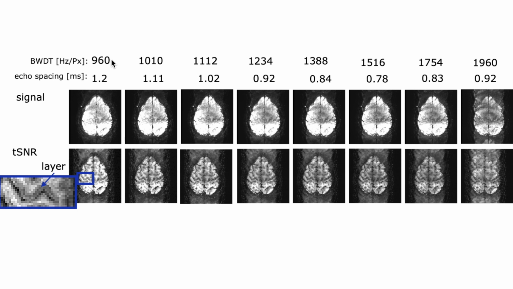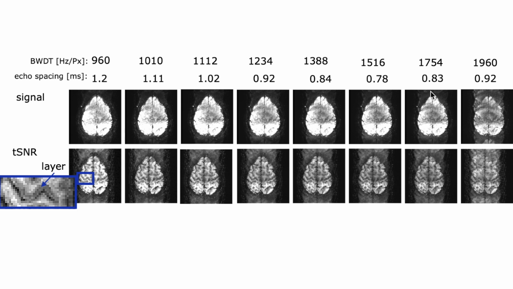Here I start with a low bandwidth and I just increase it further and further. And you can see that the echo spacing is affected by that, obviously, in a nonlinear fashion. For example, here for 1500 hertz per pixel, the echo spacing is the shortest. If we increase the bandwidth even further, then we have, again, a longer echo spacing.